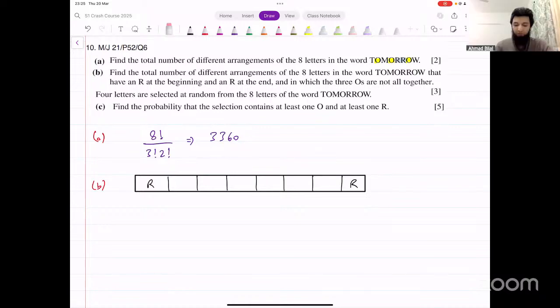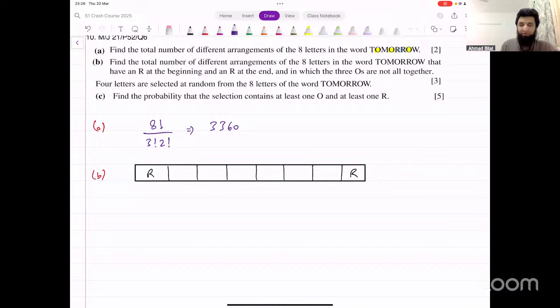So we only focus on the middle 6 letters. The R's are not important. Now, what are the middle 6 letters? T-O-M-O-O-W. Okay, so these are the middle 6 letters. We want the 3 O's to be not all together.